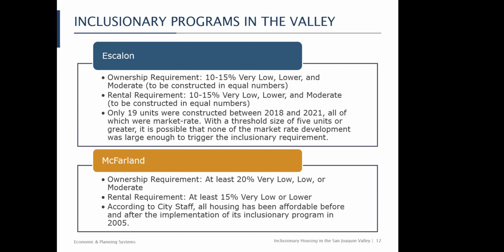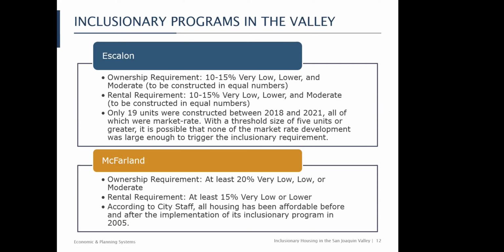As they reported to us, through the annual progress report submitted to HCD, only 19 units were constructed between 2018 and 2021, and those were all market rate. It's true that in Escalon, they have a threshold size of 5 units or more, so it's possible that some of the development they were seeing was below that threshold and wasn't subject to the inclusionary requirement.